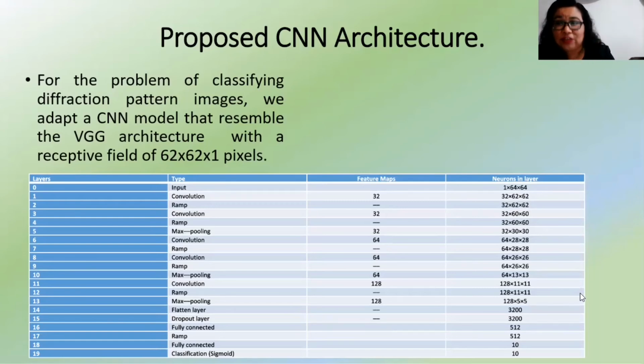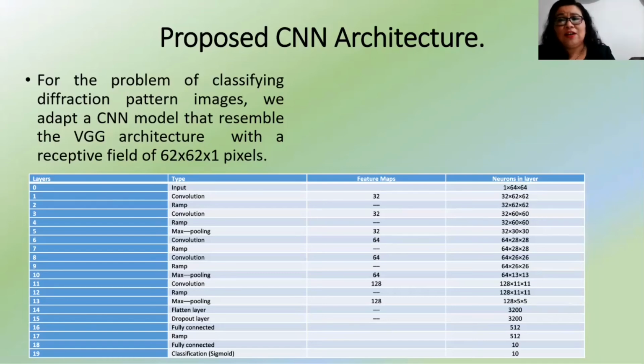The feature extraction comprised convolutions of kernel 3 by 3 with feature maps of 32, 64, and 128, and max pooling layers of size 2 by 2.